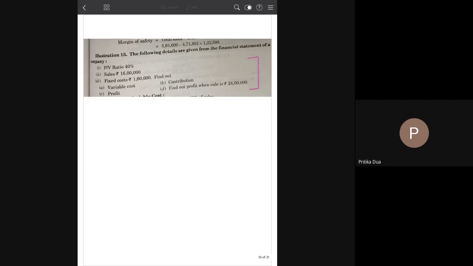Yes, the variable cost is coming to 9,60,000, and accordingly the contribution is 6,40,000. Good. The rest of you also solve. Continue solving the other parts.